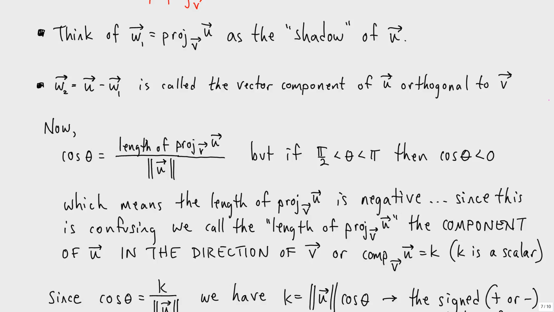Could be positive or negative, but still it's a constant. So we're going to call that constant k. So k is a scalar. So instead of thinking this is the length of the projection, we're going to think of it as the component of u in the direction of v, and it's a constant. Could be positive, could be negative. We're going to call it k.